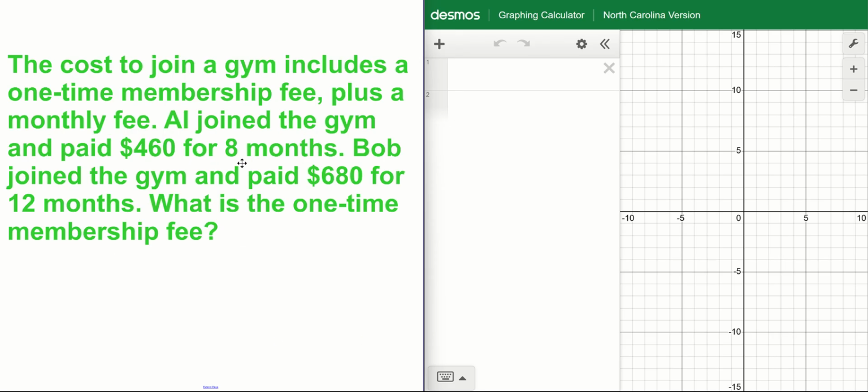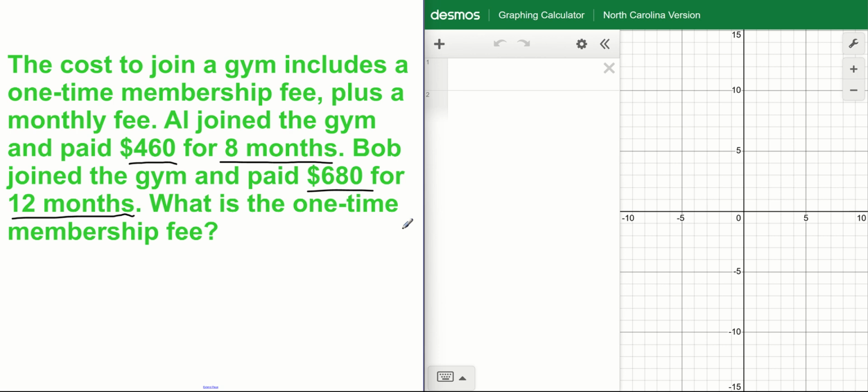So the way this works, if I've got this word problem here, which we've done similar ones before. We got Al and Bob joining a gym. Al has $460 for 8 months. Bob has $680 for 12 months. We need the one-time membership fee. If it's a one-time fee, that means we're looking for the y-intercept, right?